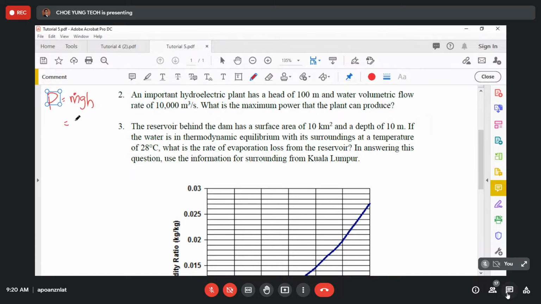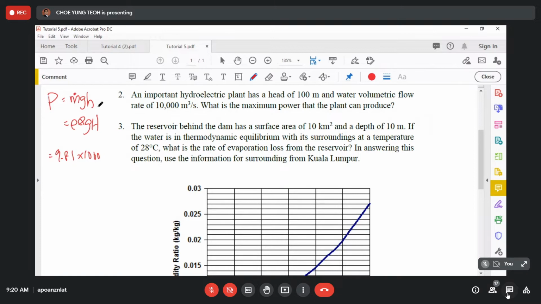Okay, and then m dot can be changed to rho g q h. Rho g q h. Rho is density, q is the volumetric flow rate, g is gravitational acceleration, and h is the head. So it's straightforward: 9.81 times 10,000.